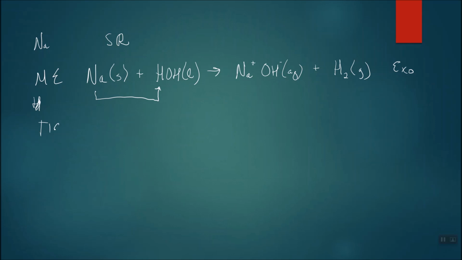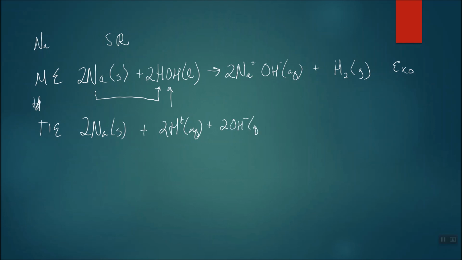In our total ionic equation, sodium solid, and I don't think I balanced this, did I? 2 sodium solids plus 2 hydrogen ions. And you see, that's why it's so important, in this case, when water is reacting with a metal, to state that water is in the form of HOH, and that makes it a little easier to split it apart.